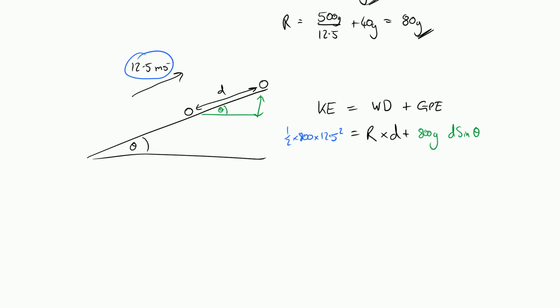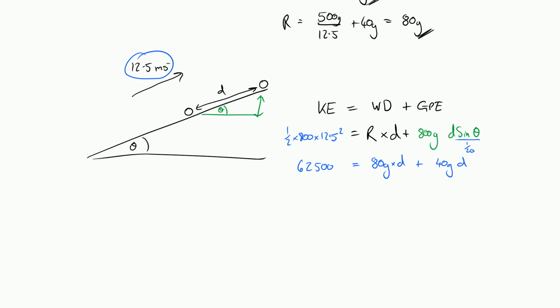On the left hand side I have plugged into my calculator to get 62,500 is equal to R times the distance. Well, we worked out R from the previous question, which was 80g times d, and we knew that sine theta here was 1 over 20, and so 1 over 20 times 800g gives me 40g times d.